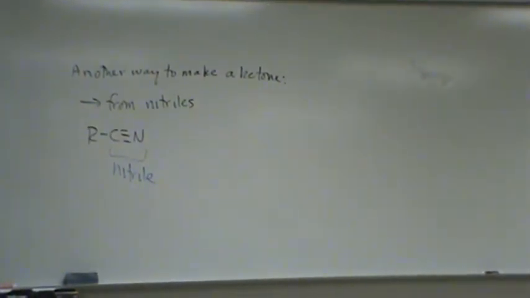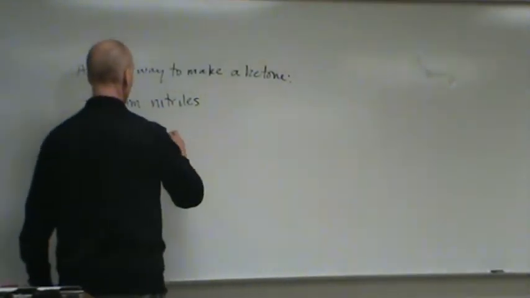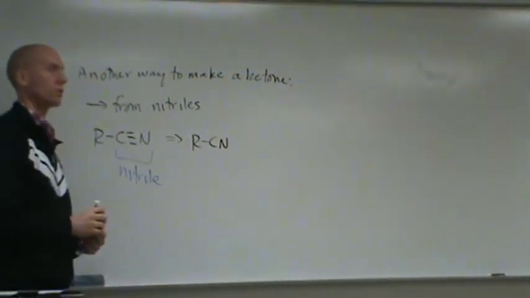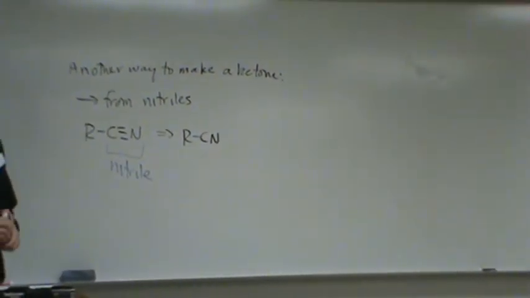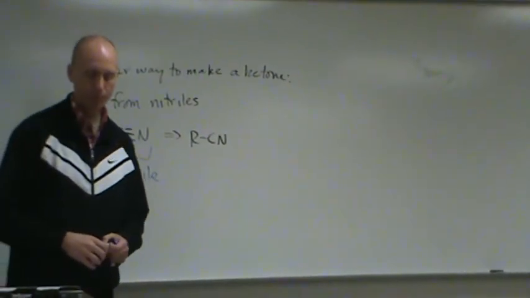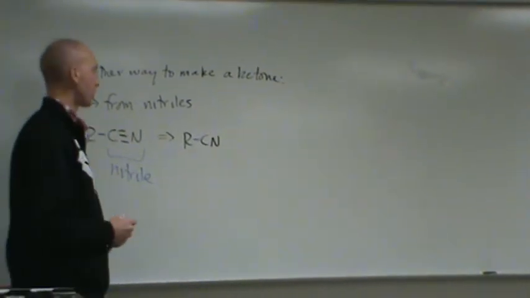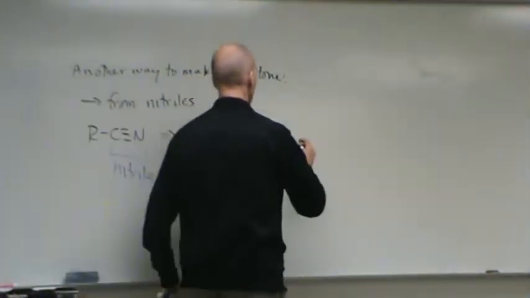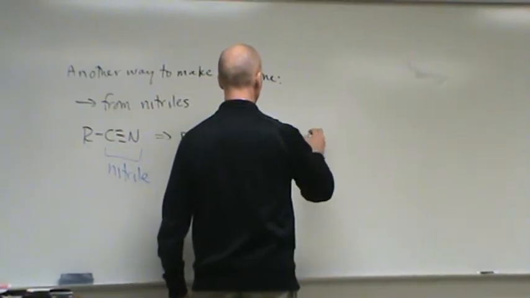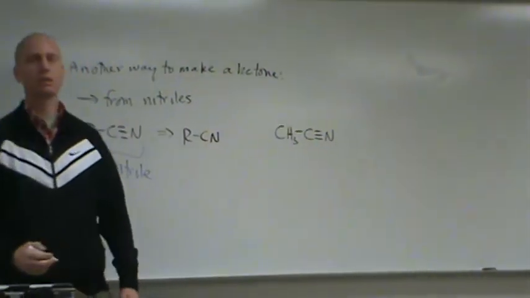Oftentimes the nitrile group will be condensed to CN, so a lot of times it won't show the triple bond. But there's a reaction we can do on nitriles. Let's look at a particular nitrile. This one here.